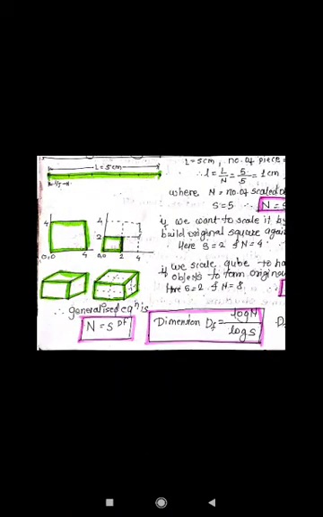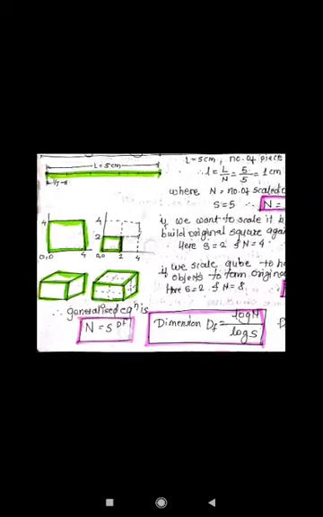And if we want to form the original object, we need the 8 scaled objects to form the original object. This is shown in this cube format. So here we are making the scaling of half. That means the scaling factor is equal to 1 by S is equal to 1 by 2. Therefore the value of S is 2 here. And in how many parts is it going to be divided? That is the 8 parts. So N has the value 8.